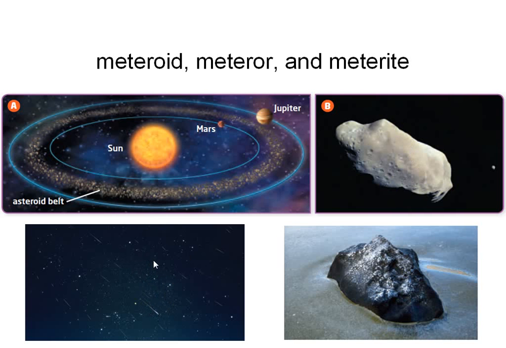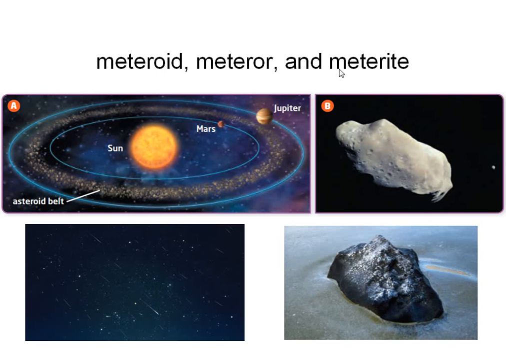There is friction between the rock and the air, and because of the friction the rock becomes very hot and evaporates. The evaporated gas releases light, so we can see it. So that's a meteor. Meteoroid is a rock. Meteor is in the atmosphere.